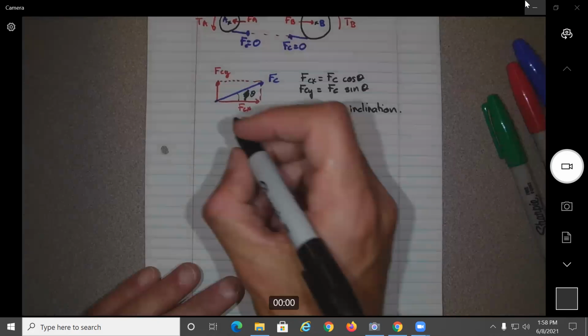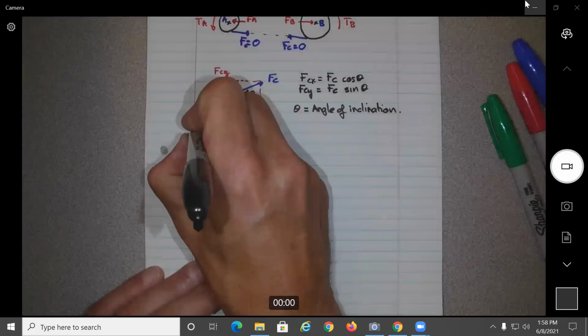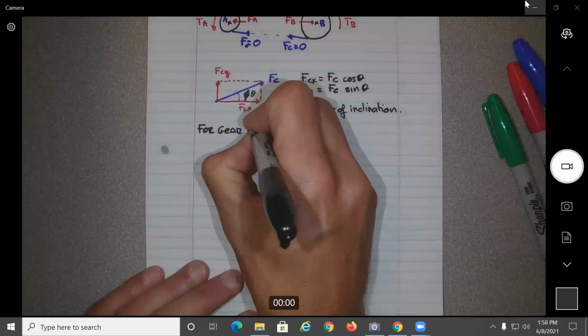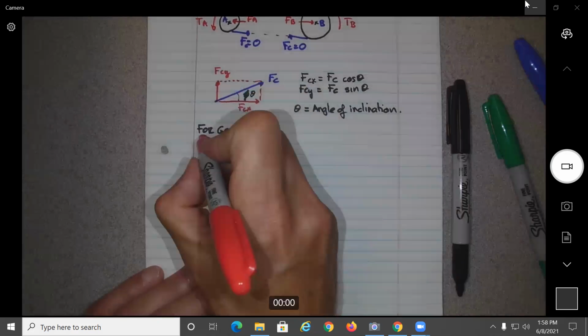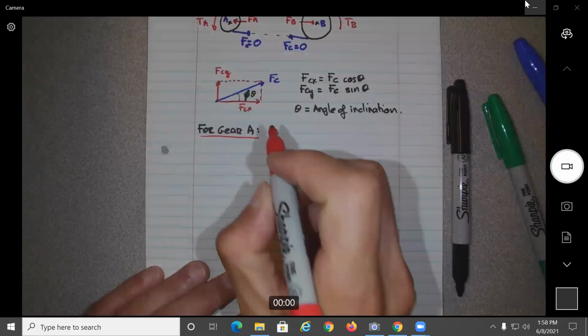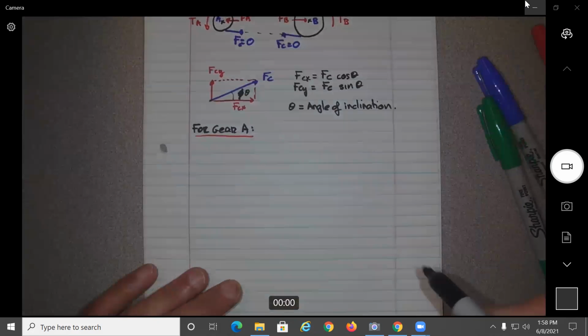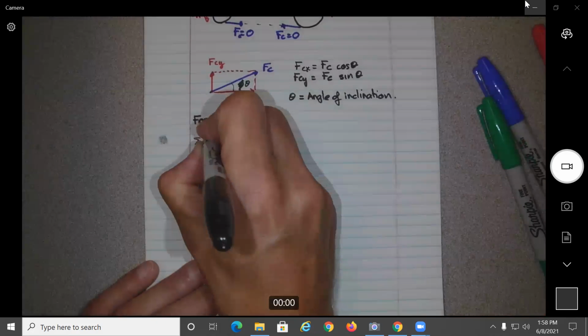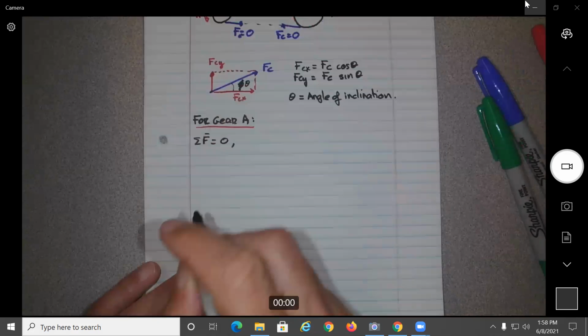Okay, so let's say here we look at gear A. This is like always, okay? Same procedure. Free body diagram, we apply Newton's equation. So in this case it would be summation of forces equal to 0.